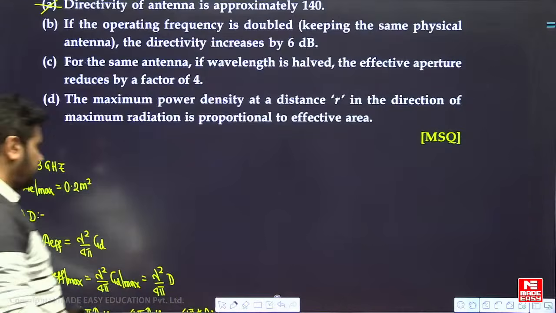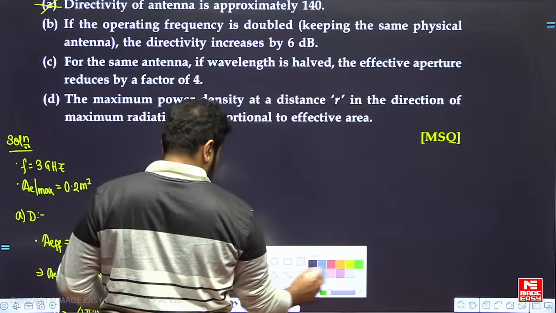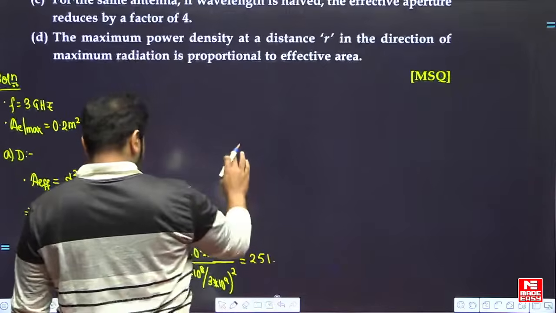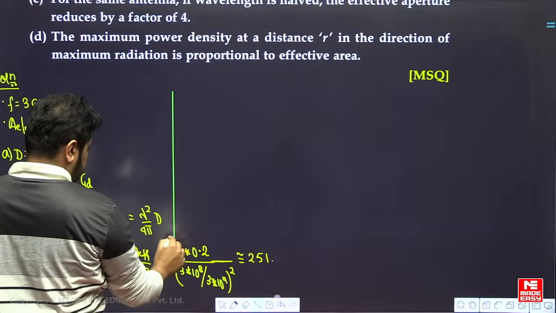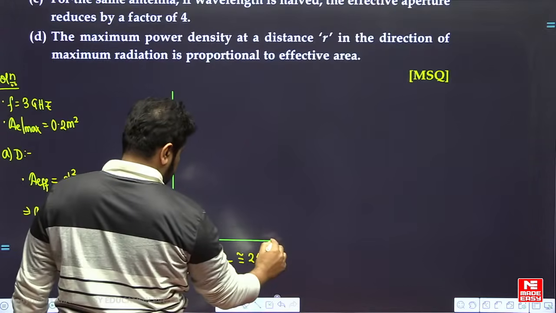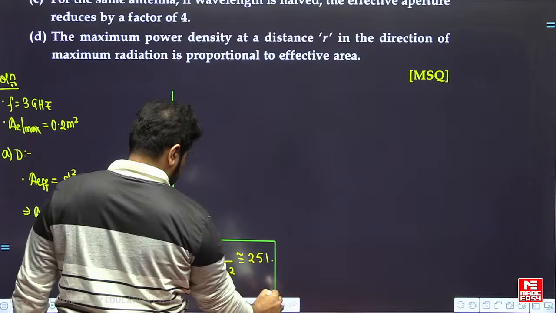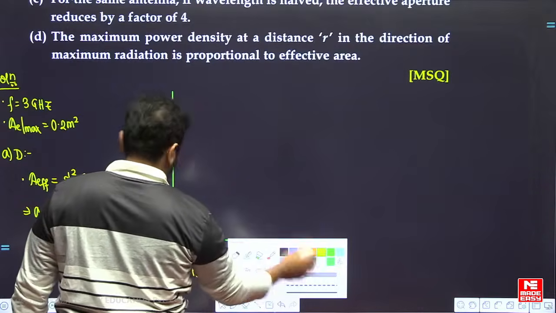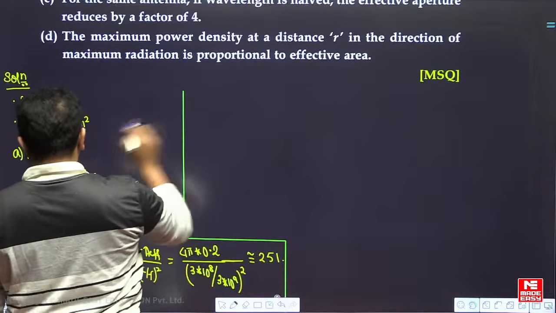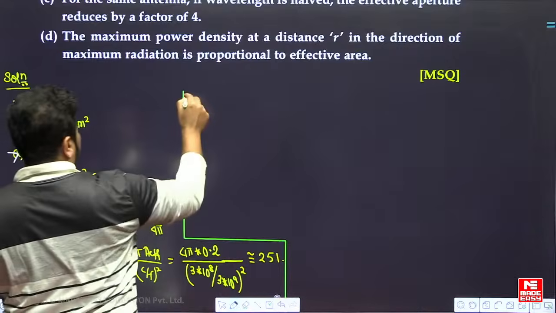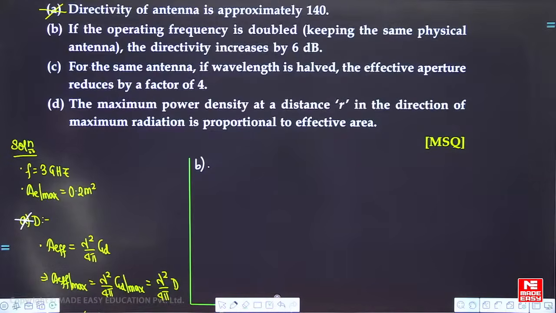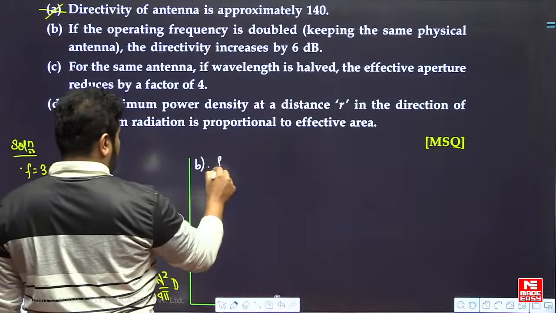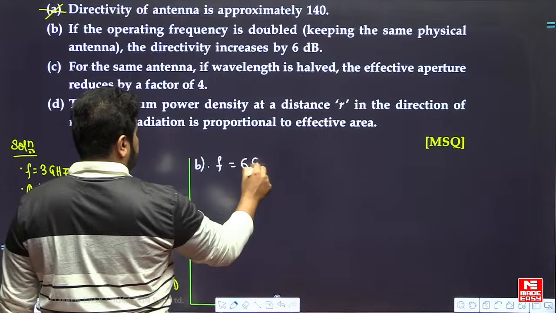Next. B part. So A is wrong. B part, if the operating frequency is doubled, so frequency is now doubled, meaning 6 gigahertz.